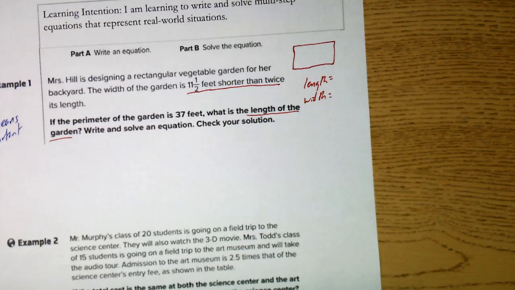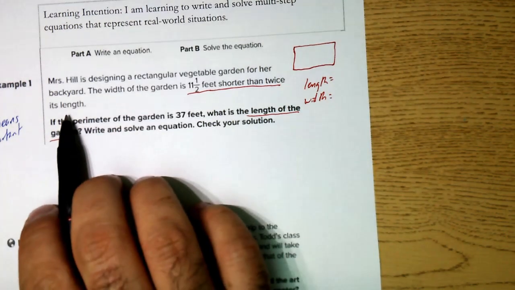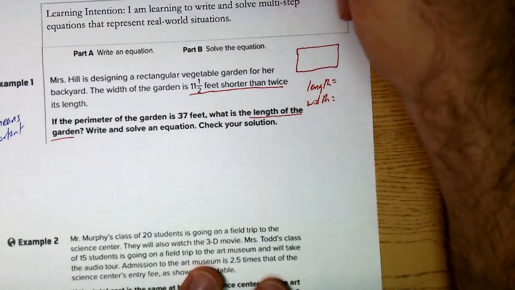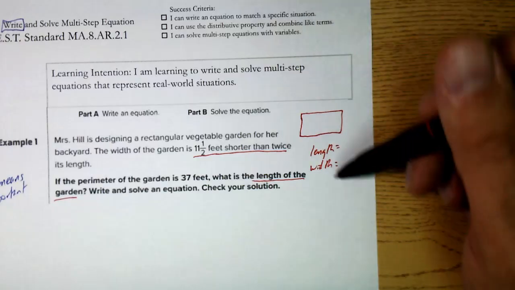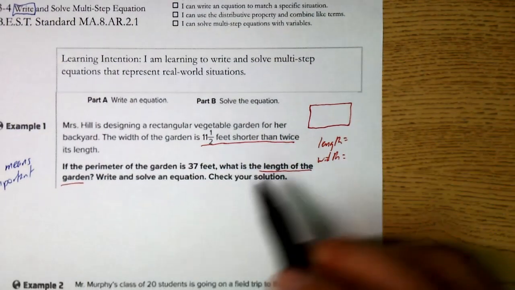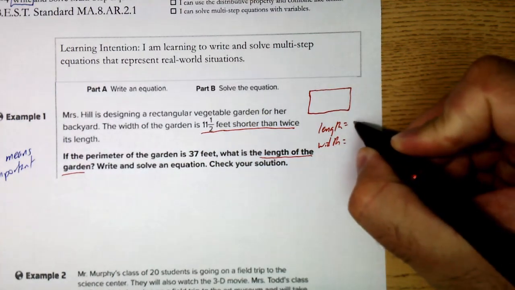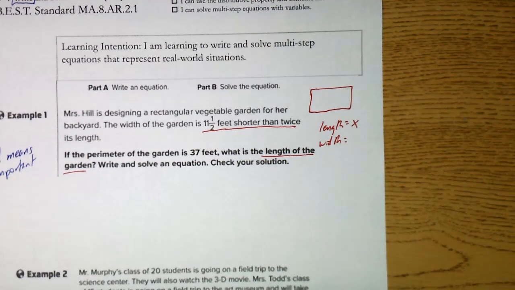They didn't really tell me anything about the length. So the length of this, that's going to be where our variable comes in. Variables are going to be in this. Because they didn't tell me anything about the length, I know that has to be my thing that's just a variable. They didn't tell me anything else about this.